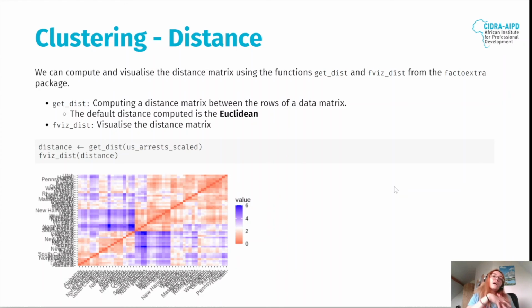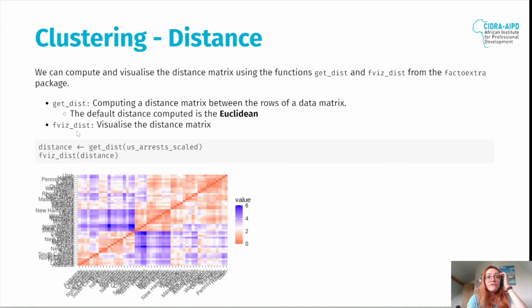They have different distance metrics as part of that function. You can go and change the distance to see how that changes the final clustering of the observations. Again, we're calculating the distance between the rows because we want the distance between the observations. We want to see how the observations are similar and dissimilar to each other.